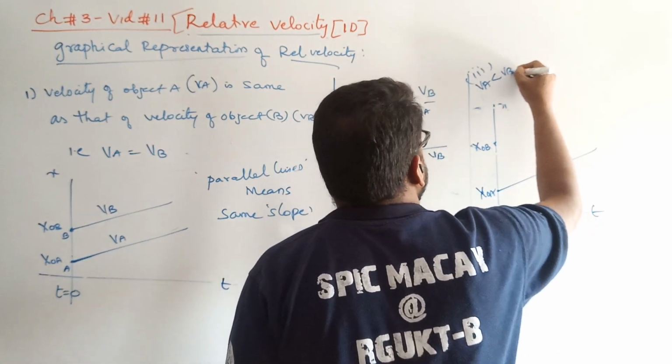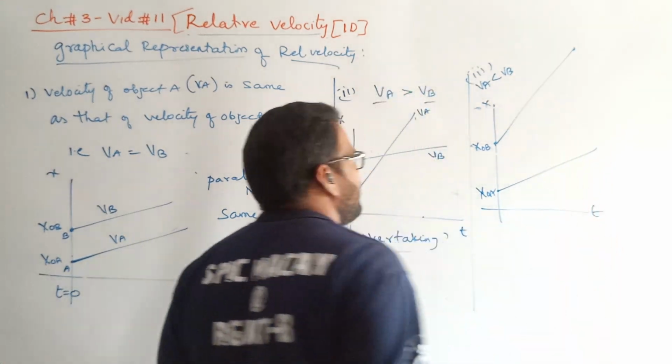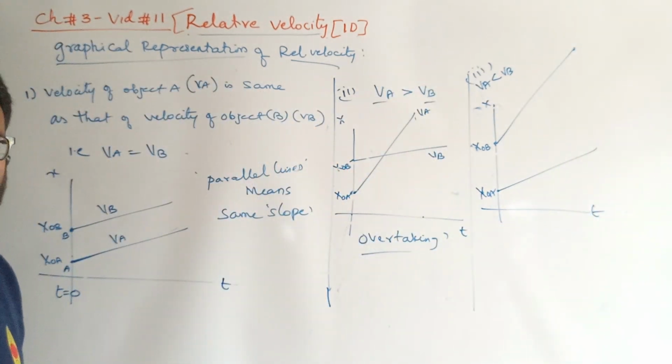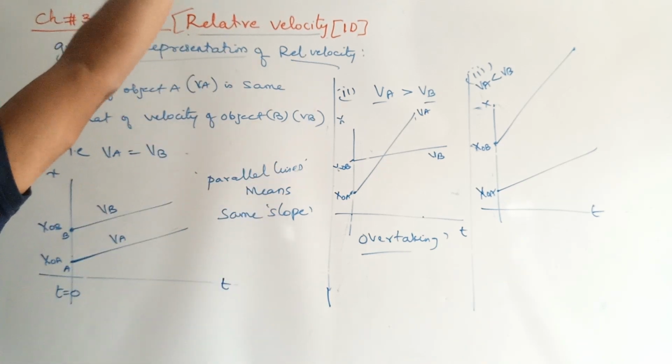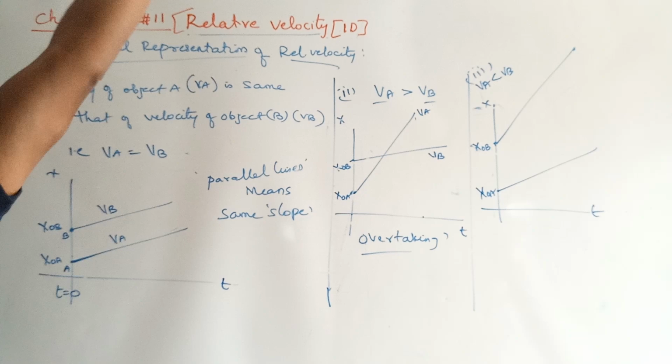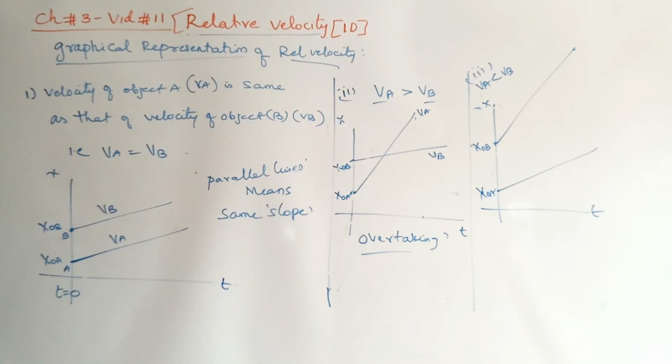Not intersecting. Both are starting at the same location, but person B is going at high speed, so within the given time B is covering a larger displacement and its velocity is more. So these are not intersecting.